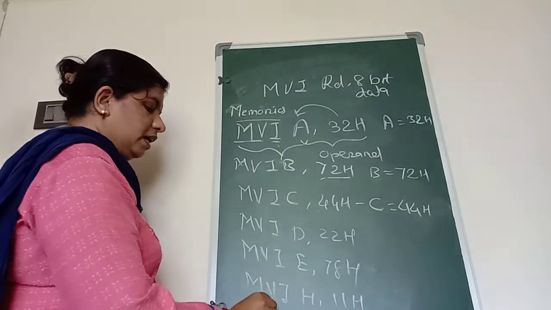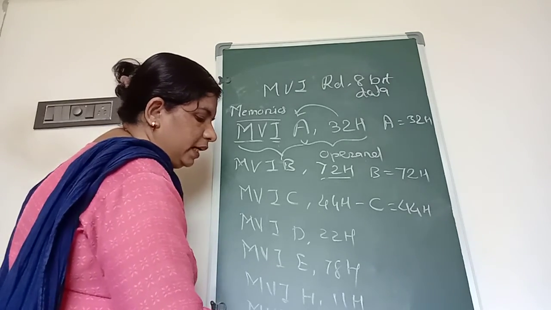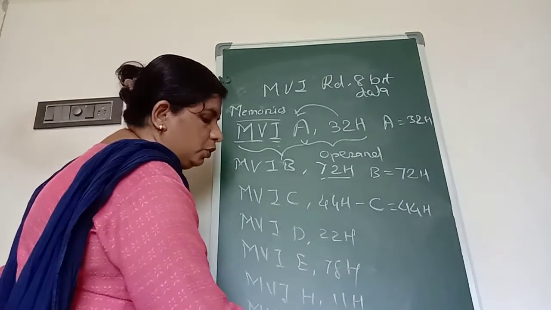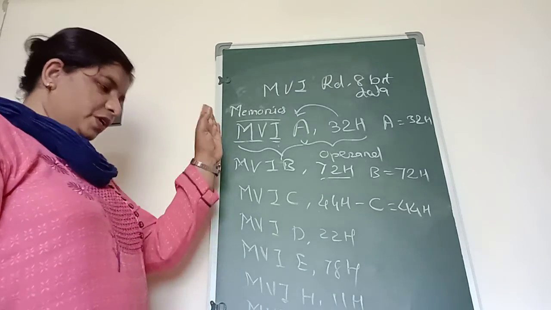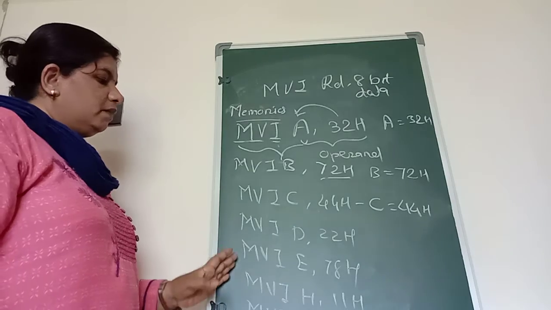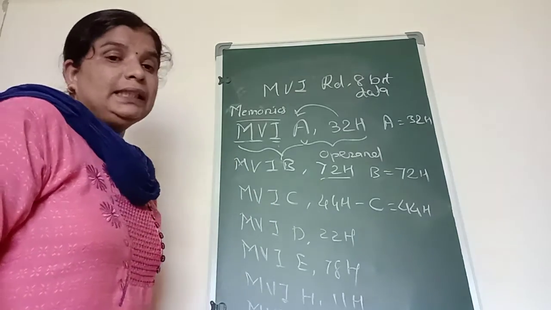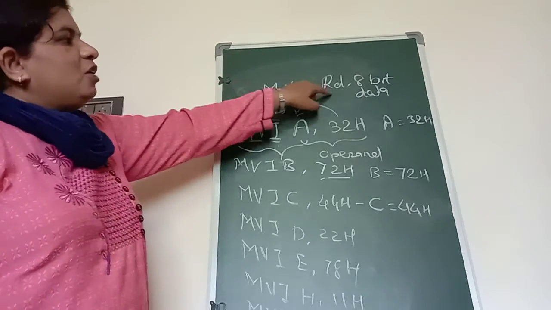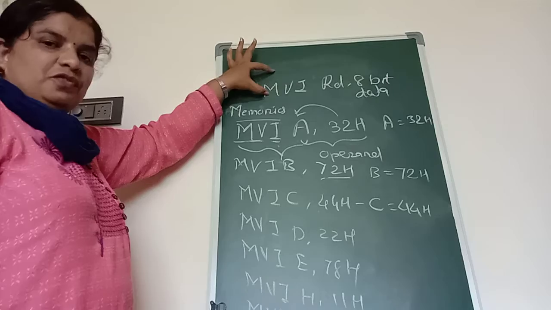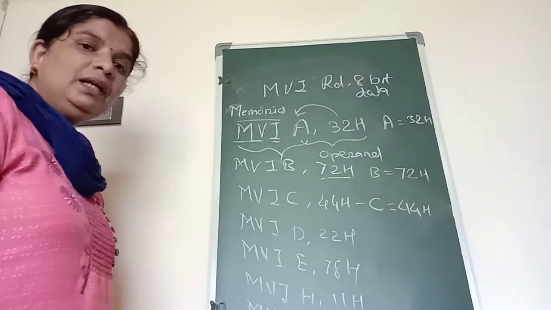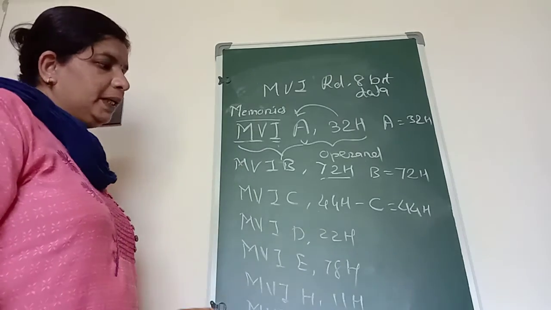Then MVI L, 02H. Using each and every register, we can write this instruction. So MVI R, 8-bit data is the standard format, and using this standard format we can generate multiple instructions.